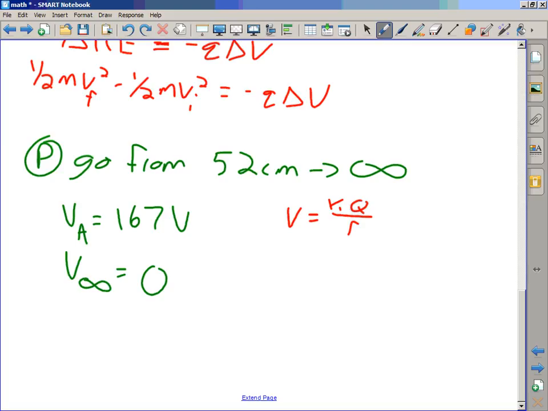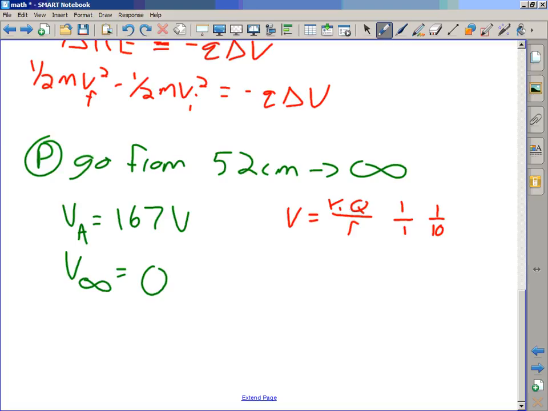The idea is plug in some number for R, let's say 1, and some number for Q, just to make things easy, so the entire numerator is 1. 1 divided by 1 is 1. Now I'm going to get R closer and closer to infinity to see what happens. 1 divided by 10 is 0.1.